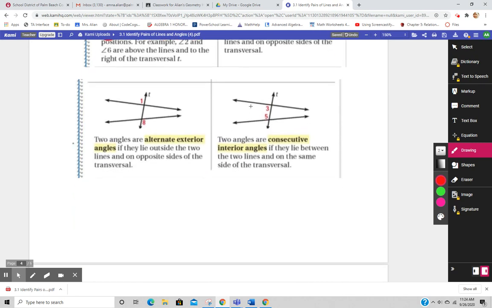These two angles right here, 1 and 8, are outside of the lines, and they are on opposite sides of the transversal. We call them alternate exterior angles. And then we have this pair, 3 and 5. They are inside the two lines on the same side of the transversal. We call them consecutive interior angles.